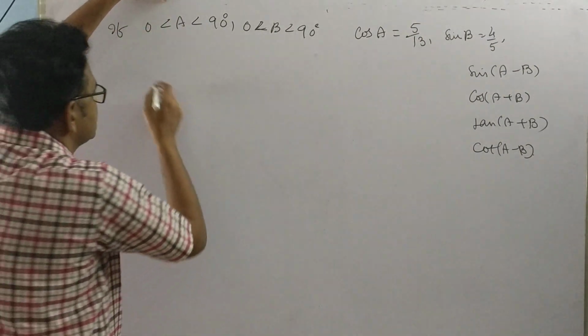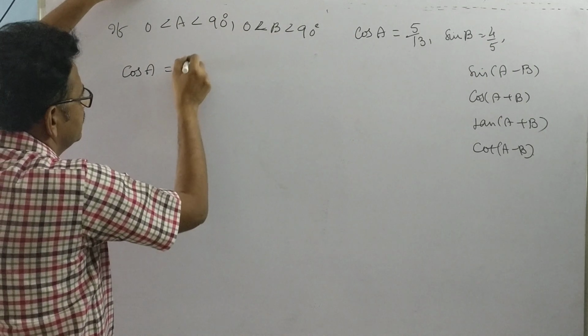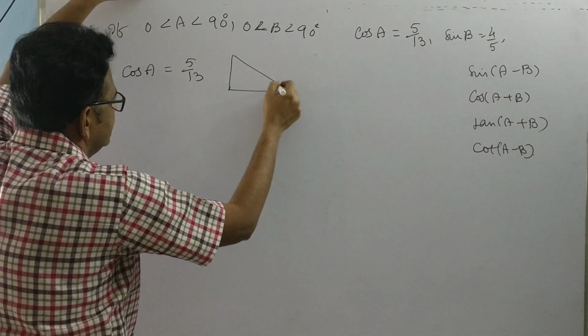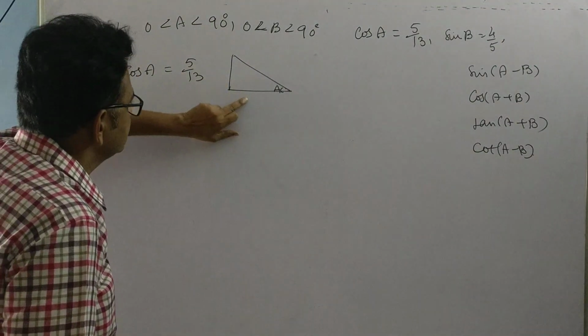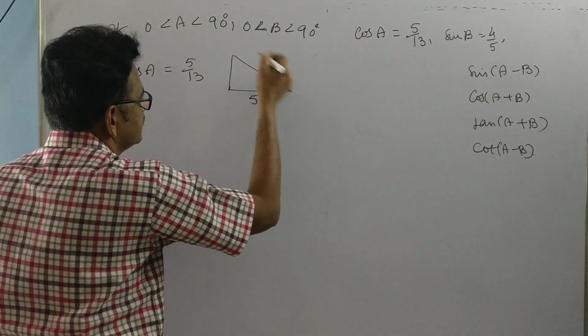So what is cos A? Cos A is equal to 5 by 13. This is angle A. Cos A is adjacent side by hypotenuse, so this is 5 and this is 13.